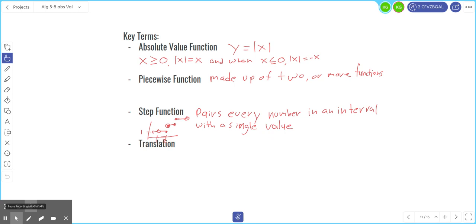Okay. And step function is probably the least important. I hate to play favorites, but it's probably the least important thing in this unit, or in this lesson.